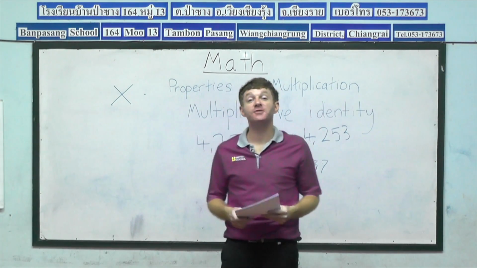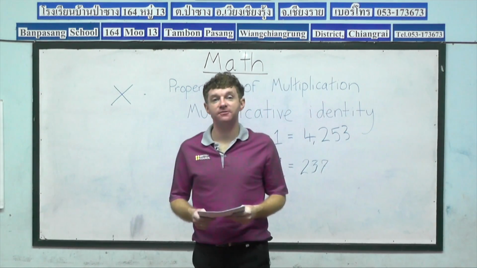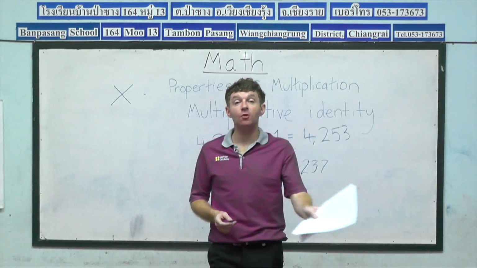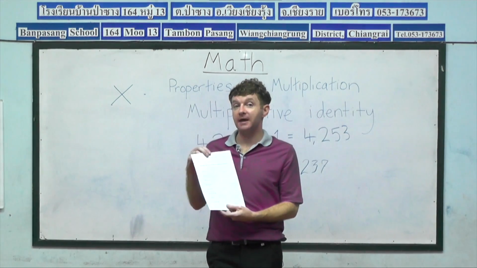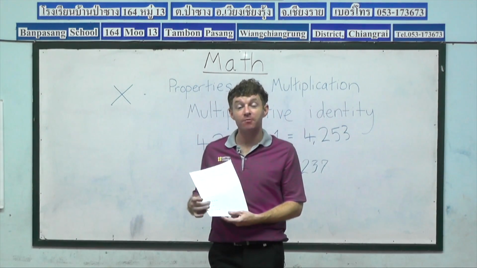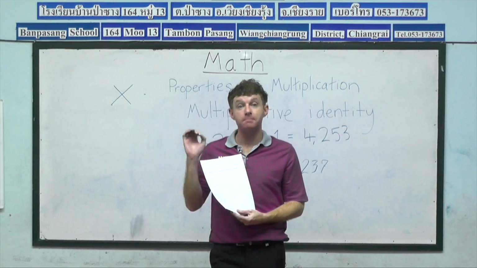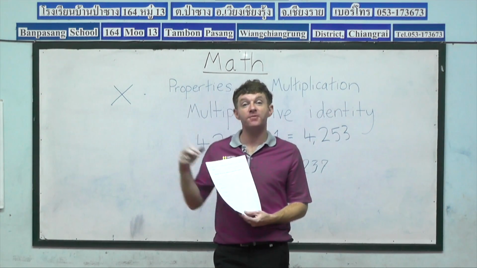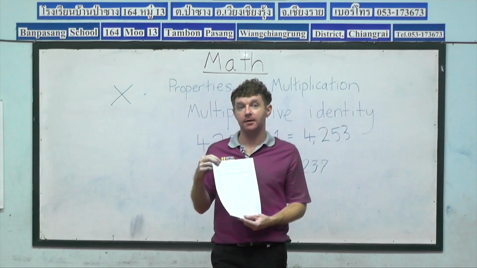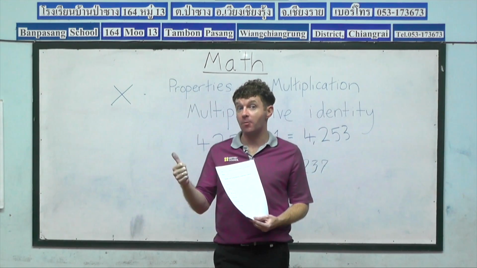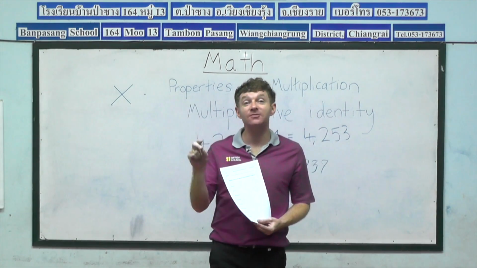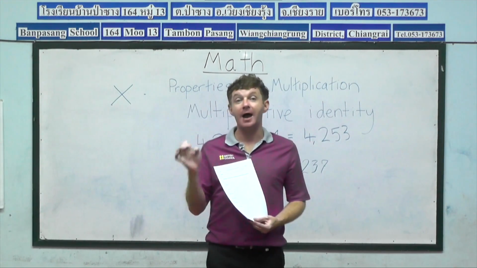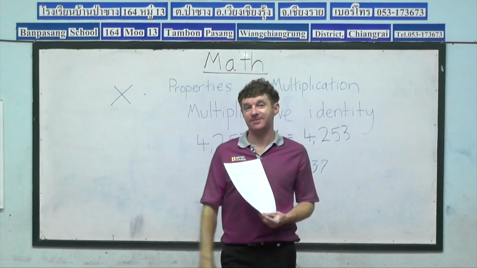And now it's time for our worksheet part of the lesson. So teachers, make sure every student in your class has a worksheet. And on today's worksheet is a list of 8 problems, all involving multiplication and the properties that we've learned about earlier. We have commutative property, associative property, distributive property, and multiplicative identity property.